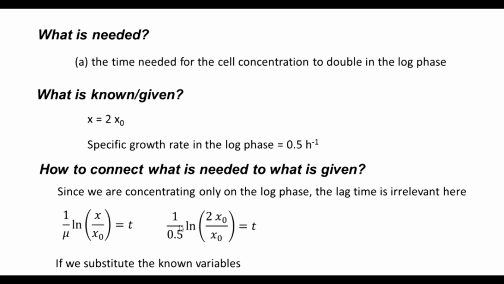This is ln 2. Therefore, ln 2 by 0.5 equals t. Ln 2 is 0.693, a nice number to remember. 0.693 by mu is the time that it usually takes to double. So that would turn out to be t equals 1.39 hours.